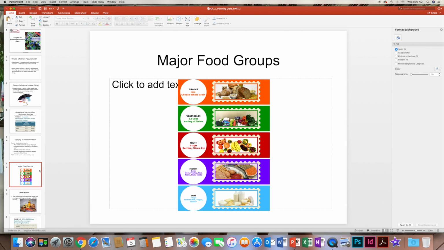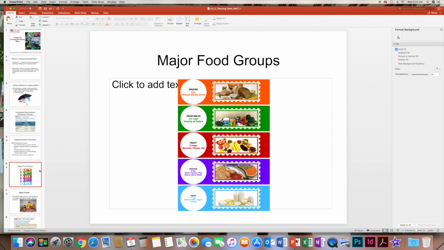When we're planning diets, what we have to understand is the major food groups. We have grains, vegetables, fruit, protein, dairy. Those are your major groups. If you're getting about 6 ounces of whole grains and about 2 to 5 cups of vegetables, 2 cups of fruit, 5.5 ounces of protein, and 3 cups of dairy in the form of milk, yogurt, or cheese, you're going to be meeting all of the requirements for eating balance in your diet.